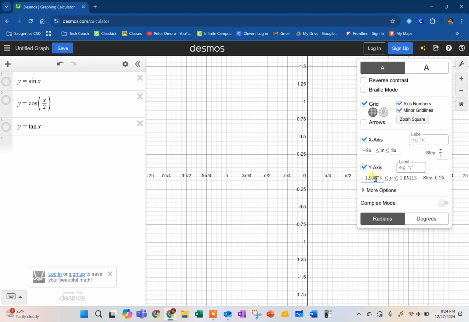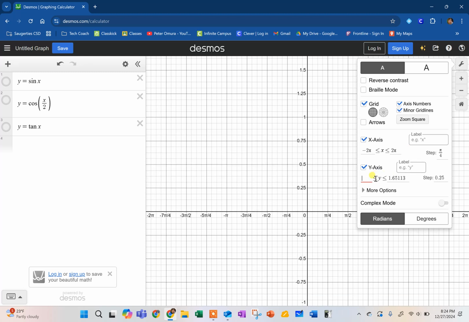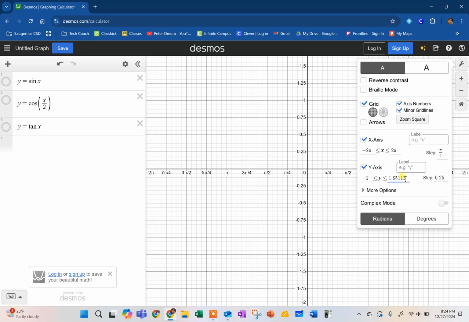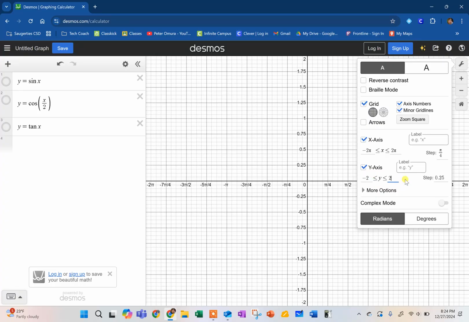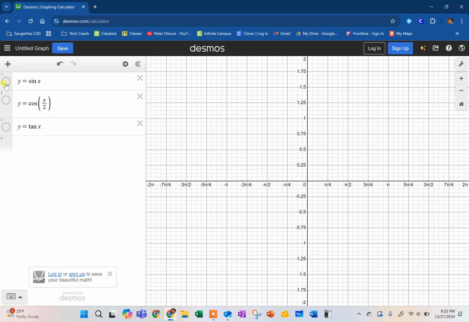I'm going to do my axis between -2 and 2, and I said I want my step to be 0.25, which is 1/4. Here I said I want my step to be pi over 4. And now I'm going to show you what this looks like.